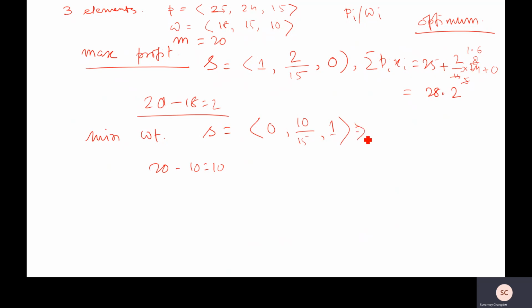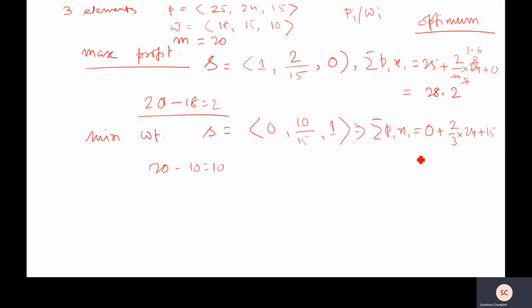So what will be the profit then? The sum of Pi xi is 24 plus 10 by 15 into 15, which equals 31. You see, we have got more profit than the previous one.